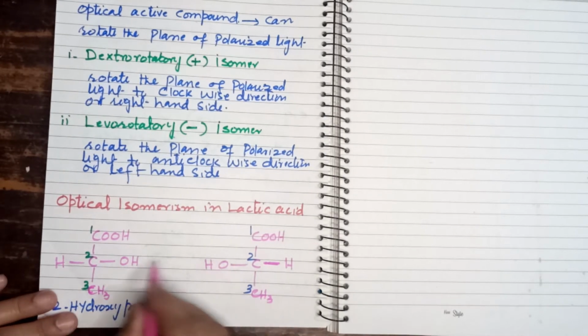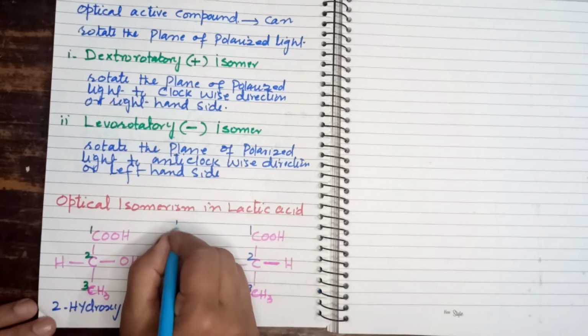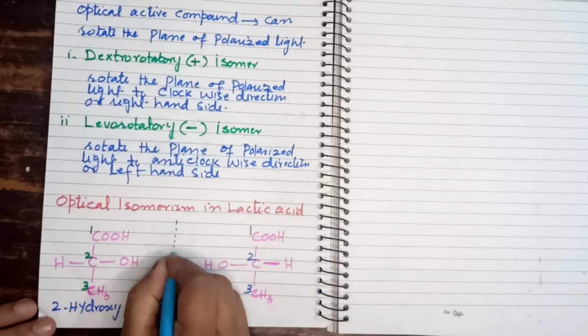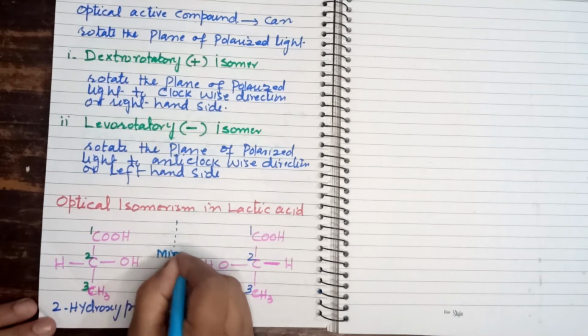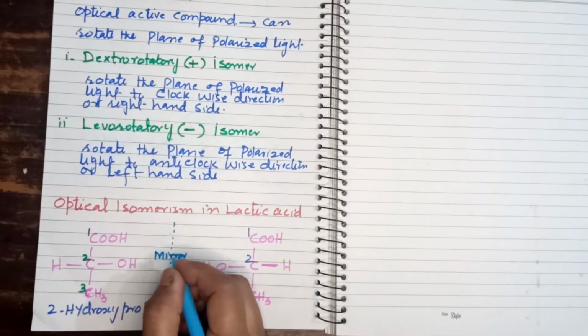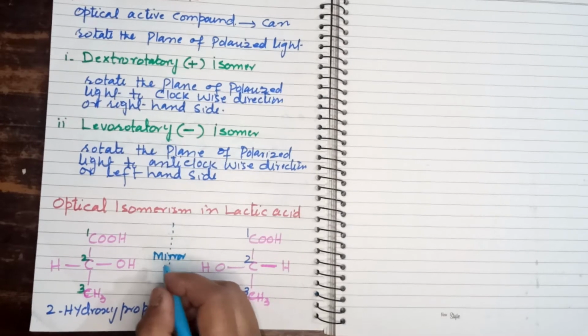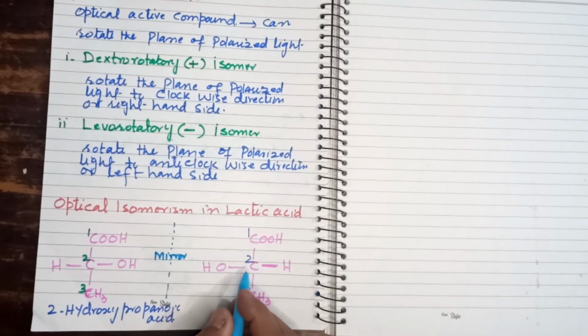Both these forms of propanoic acid are mirror images of each other. Like here, if you place a mirror here, both these forms are mirror images of each other. Both these forms are optical active forms, right?